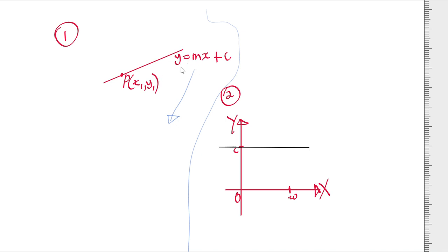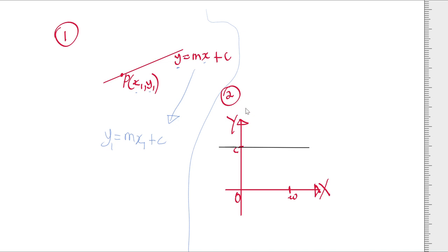In place of y, substitute the y coordinate y1. In place of x, substitute the x coordinate x1. When a point lies on a function, we substitute that point into the function to solve.